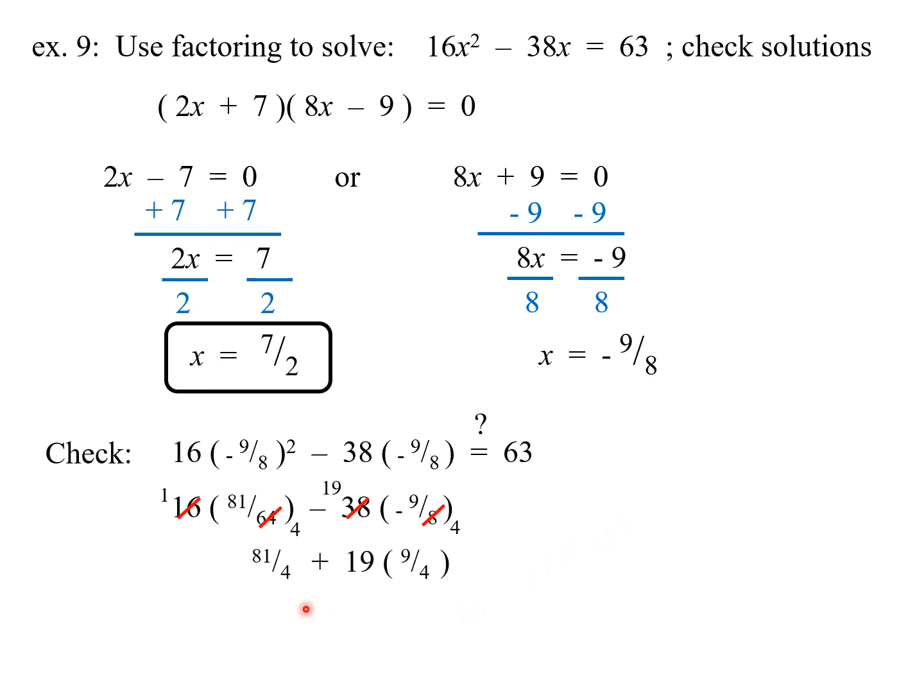So then I get 81 over 4 plus, because the negative signs multiply to positive, 19 times 9 over 4. 19 times 9 is 171. And then 81 fourths plus 171 fourths equals 252 over 4, which equals 63. Boom. So that works too. So these are the two possible. So these solutions are valid. Okay. All right. So there you have it, factoring.